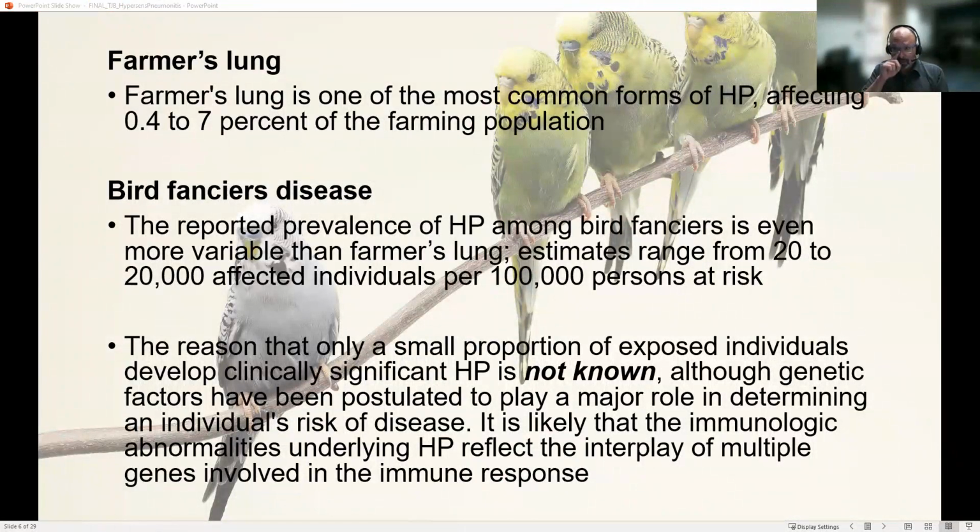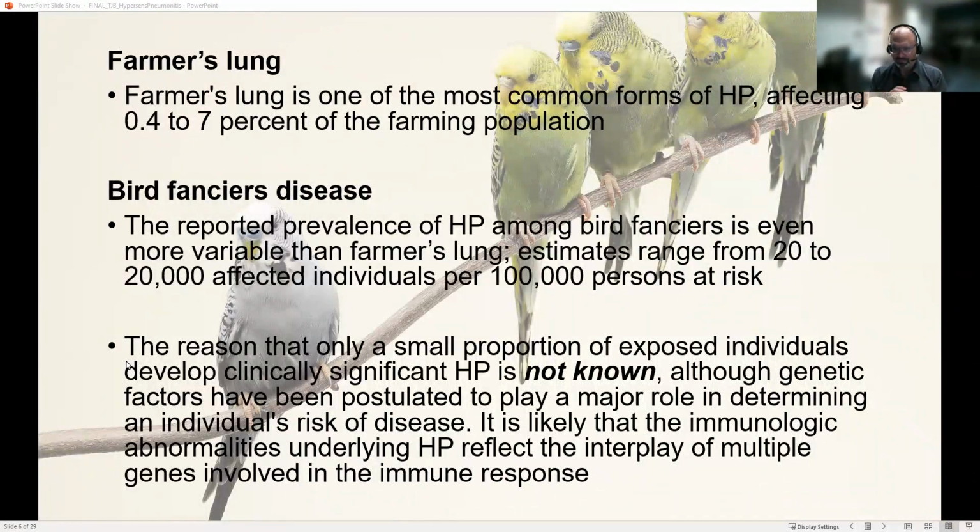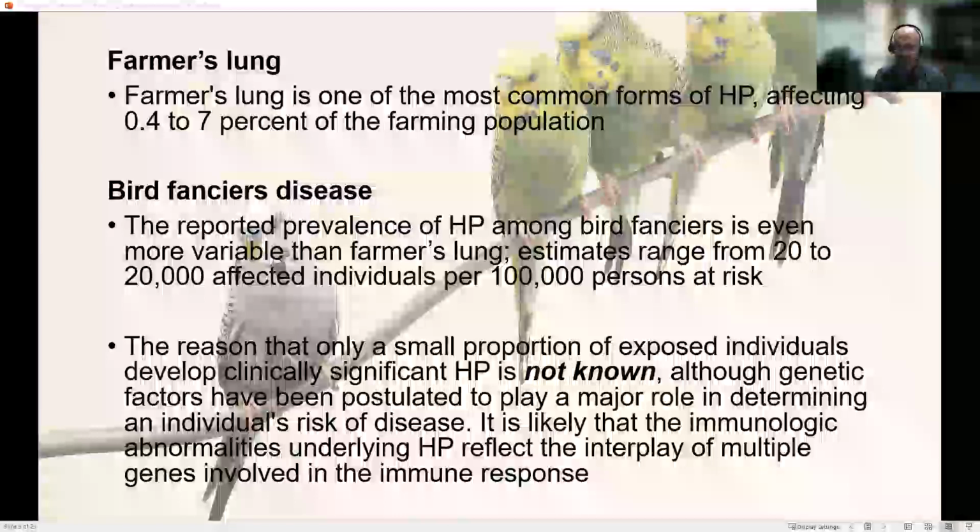Farmer's lung is estimated to affect about half a percent to 7% of the farming population. For bird fanciers, again challenging numbers, but the prevalence of HP is about 20 to 20,000 per 100,000 persons at risk.